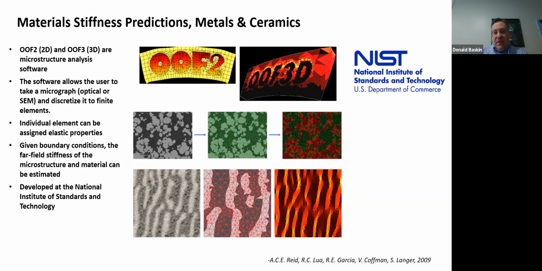This can be done in both 2D and 3D. Knowing the stiffness of the different constituents within the material, like the martensite, the austenite, or the aluminum precipitates, you can use OOF to calculate the far field stiffness of this microstructure. That is an example of using computers to calculate the stiffness of a material at the bigger length scale by knowing the stiffness of the little constituents at the small length scale. So this is going from microstructure to macro stiffness.